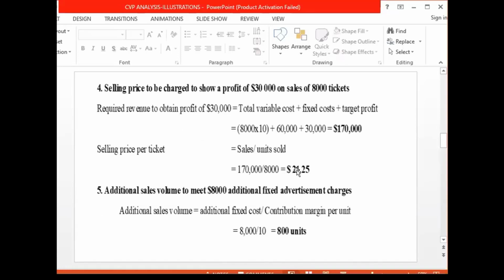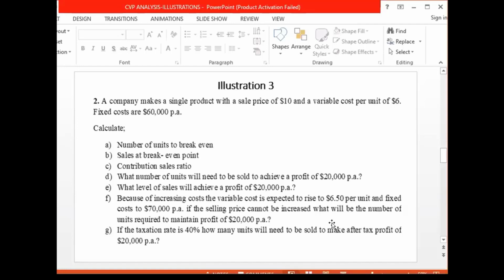Illustration 3. A company makes a single product with a sales price of $10. So selling price is 10, variable cost per unit is 6, and fixed cost is 60,000.